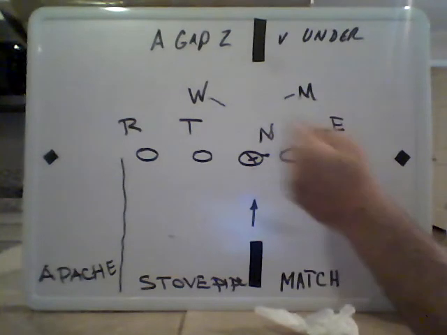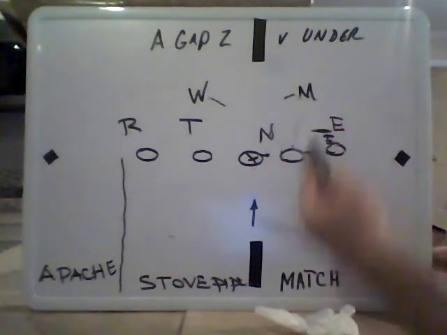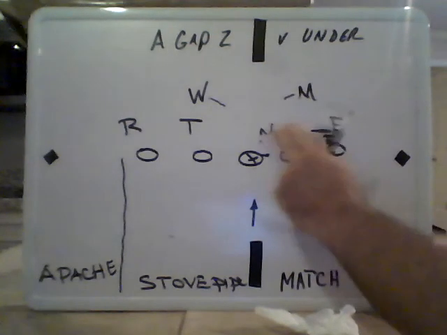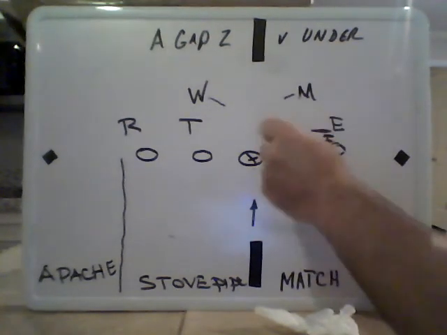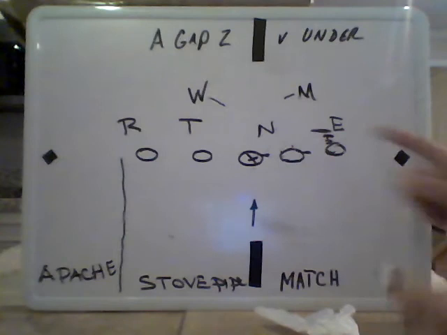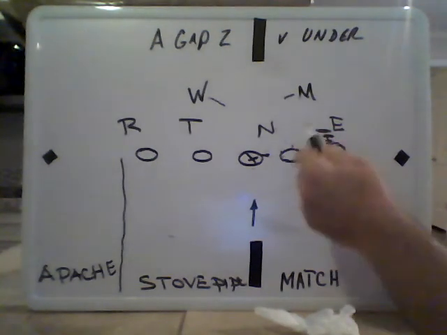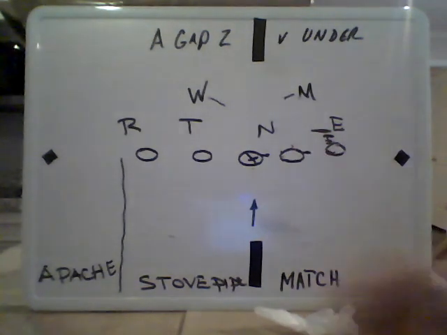We don't care if this thing gets wadded up because we're going to run a double team at the point of attack. But we don't want 3 guys inside the tackle playing this back without hats on them. So we always want to downshift. We always want to downshift, and that's the way it is. You can argue about it, and that's fine, but that's the way we do it.